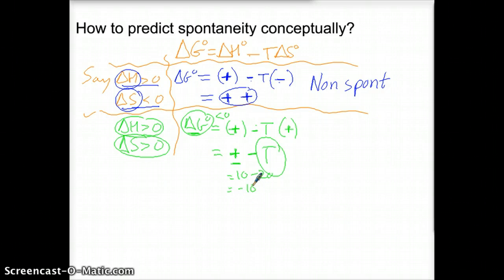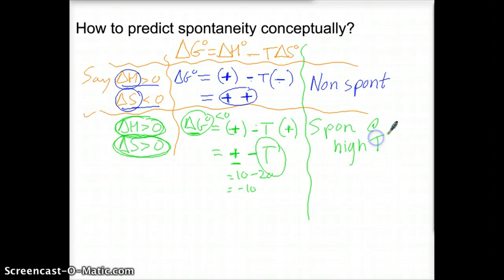So what would we say? If you have an enthalpy that's greater than 0 and an entropy that's greater than 0, this reaction is spontaneous at high temperatures, because we need this value to be very big in order to make delta G negative.